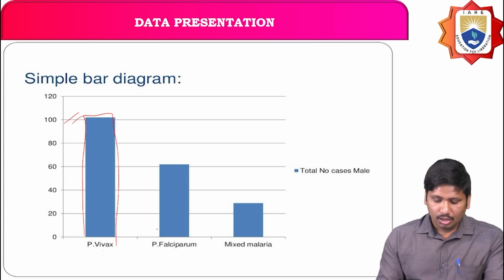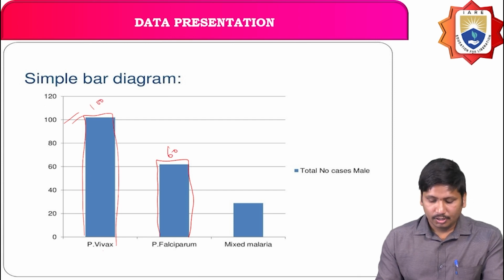By seeing this graph, falciparum in males should be around 60, and the mixed malaria number of cases in males will be around 30.